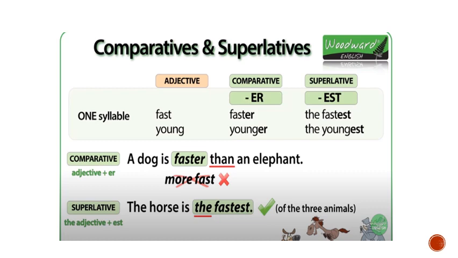Pra, fast edhe young janë mbiemra njërokësh. The comparative form of the first one and the second is faster and younger. Pra, shkalla krahasore e mbiemrit fast është faster, pra ka marrë er mbrapa, dhe young ka marrë gjithashtu er.